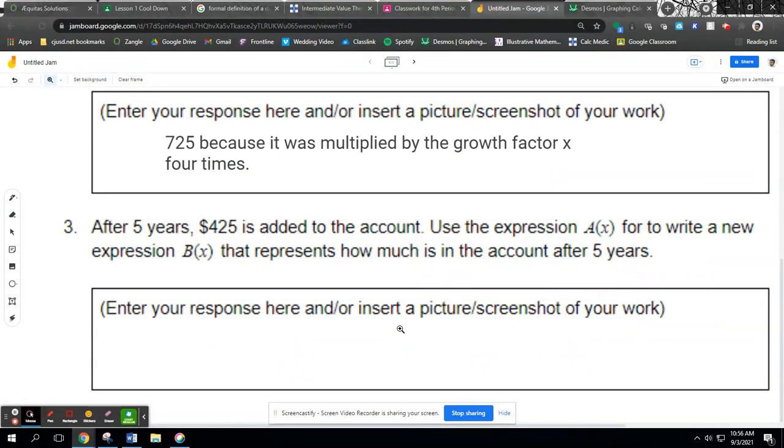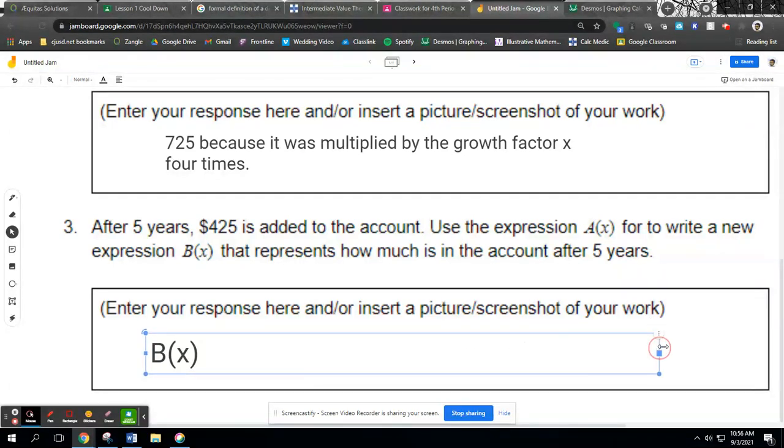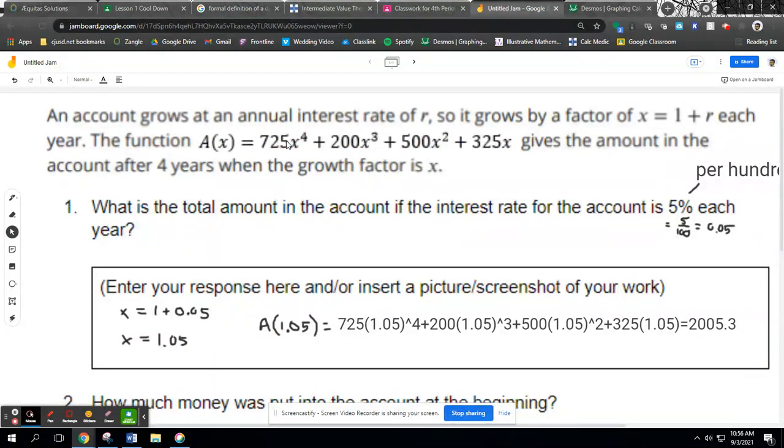All right, last question. After 5 years, $425 is added to the account. We want to use the expression A of x to write a new expression B of x that represents how much is in the account after 5 years. All right, so B of x is what we're going to write. This is going to be the account after 5 years. So we're going to take everything we have, but we're going to multiply by the growth factor one more time to each term.